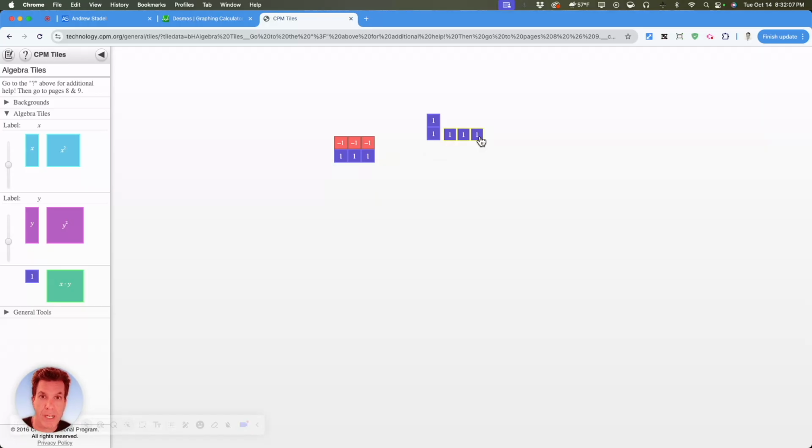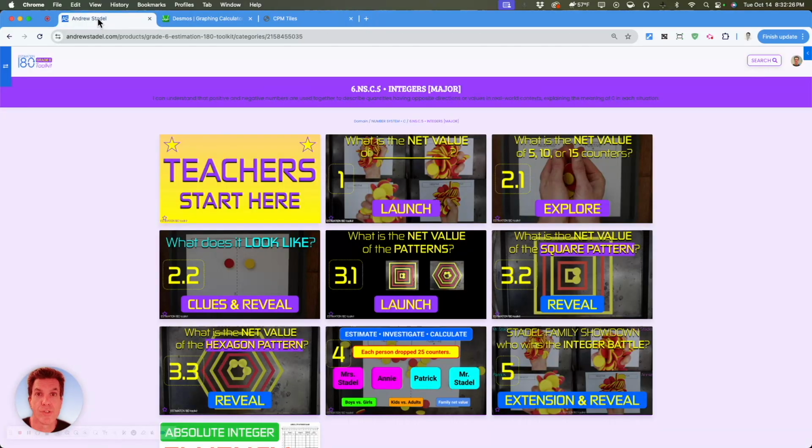So that's great. But in true Estimation 180 fashion, I want to bring visuals to concepts like integers. And in true Estimation 180 fashion, I want to bring students into the conversation so that they're estimating and building their number sense at the same time. So in the Estimation 180 Grade 6 Toolkit with the integers module, that's what I'm trying to accomplish, to reimagine integers through a basic classroom supply that most teachers have, those little yellow and red foam counters where the red sides are negatives and the yellow sides are positives.